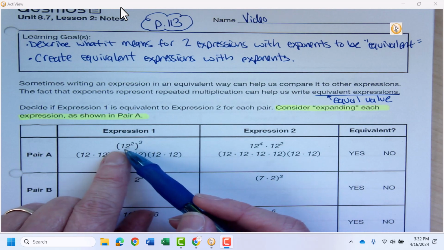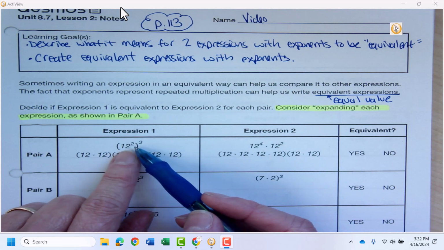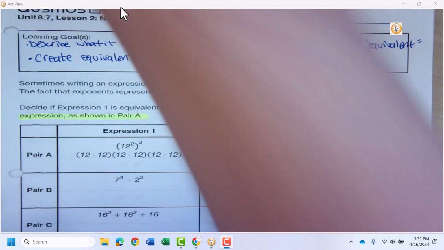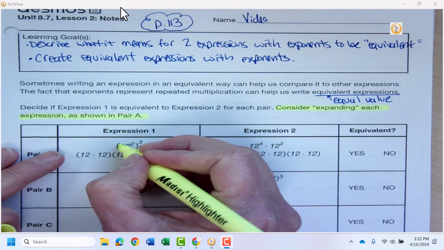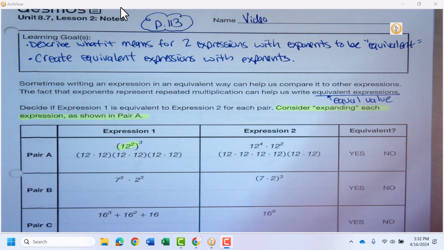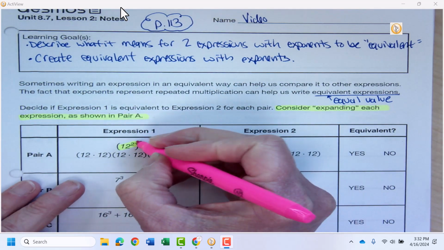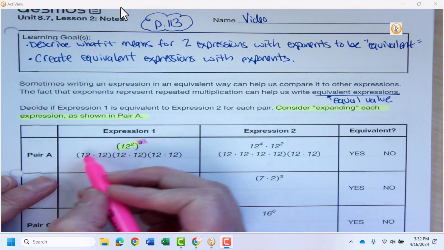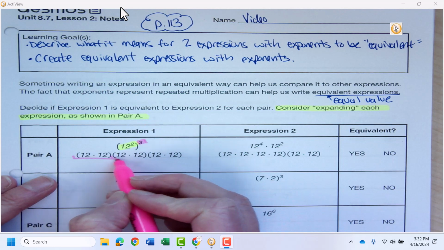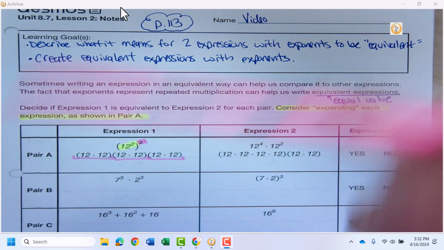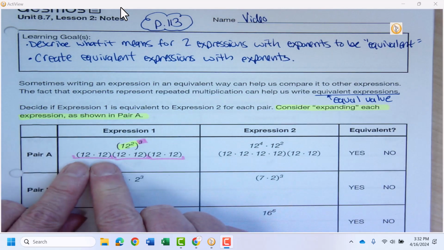Expression 1 has 12 to the second power, and that is raised to the third power. Let me highlight a few things here. So this is what's being raised to the third power. So everything in yellow there is being multiplied by itself 1, 2, 3 times. So here's the first time.